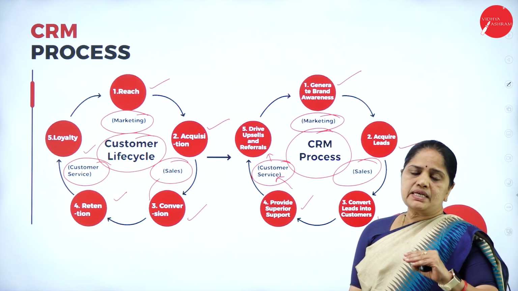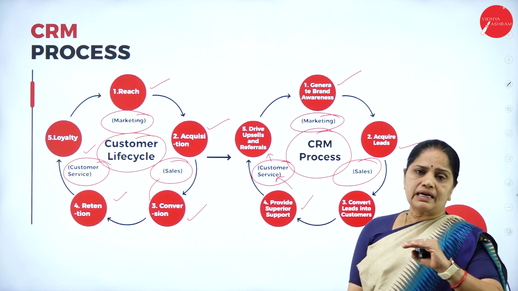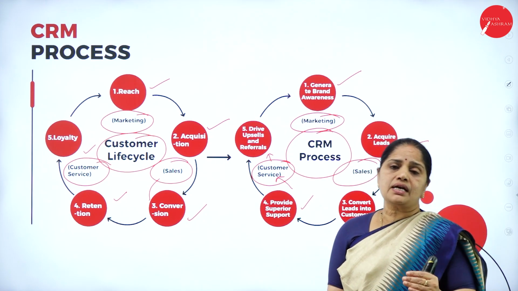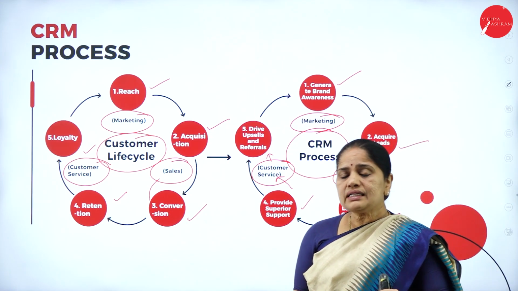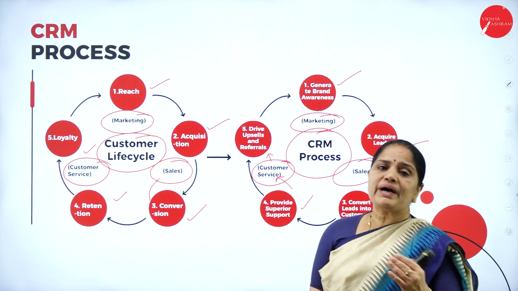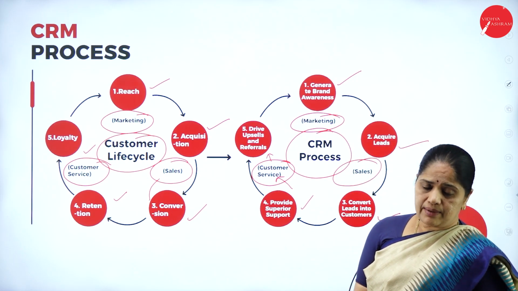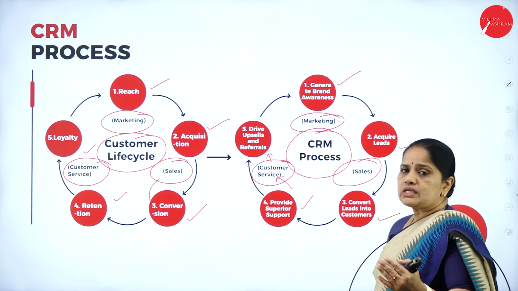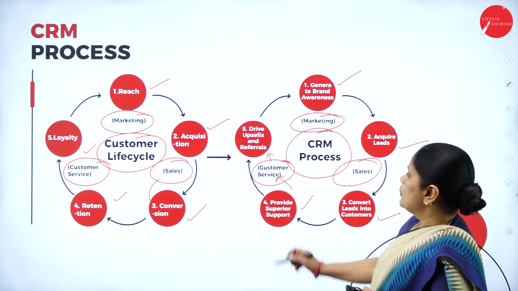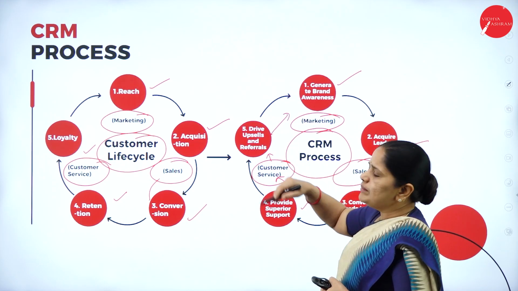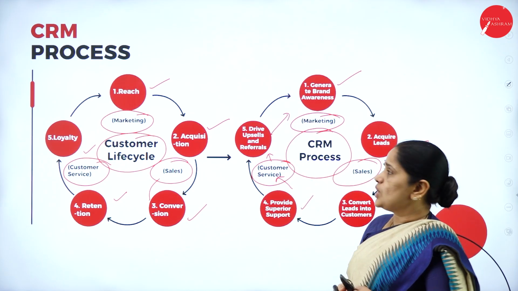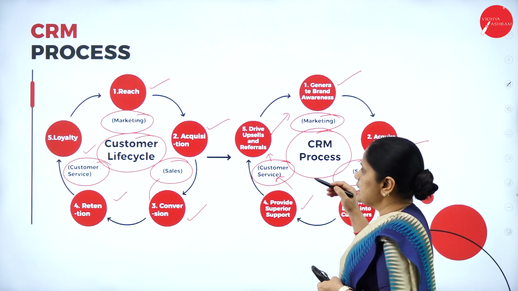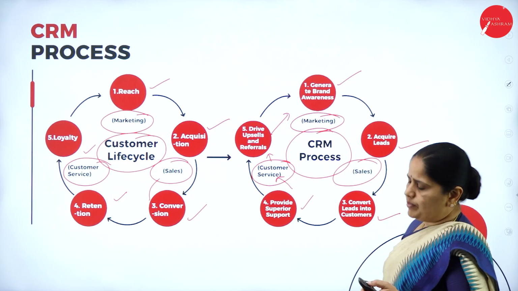Drive upsells means in case you have a new product in the pipeline, you can always introduce the new product to the customer, and in this way you can convince him to buy the upgraded version of the same product. So you will be selling your future products also to the customer, and also you will be getting referrals from him for the future products also. So this is the CRM process. So it involves the 5 steps in the CRM process.